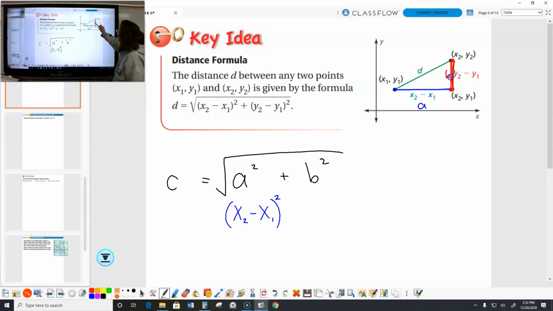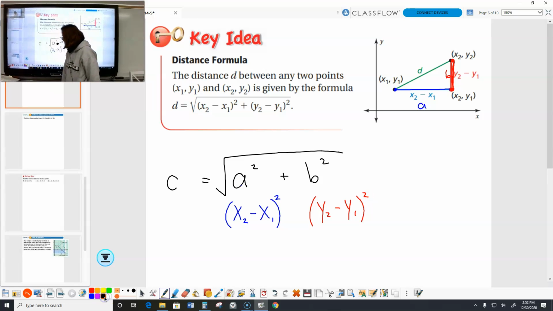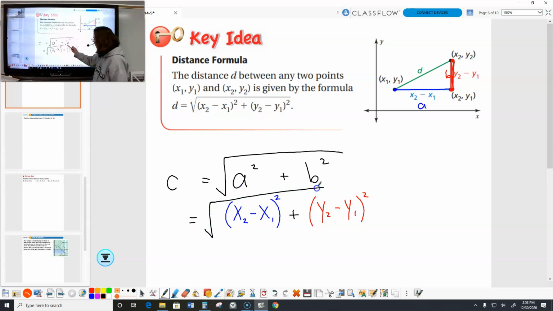And let's call that distance B. So B is we take one number from our vertical point, and I subtract the number from the other vertical point. And that would be B. Now in our formula we have B squared, so I'm going to square that. Now, we know that A squared plus B squared equals C squared, so I'm going to have to add these together. And in order to find our regular C, I would have to take the square root of that.